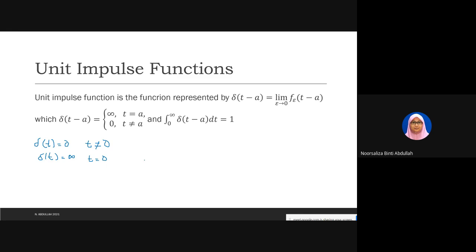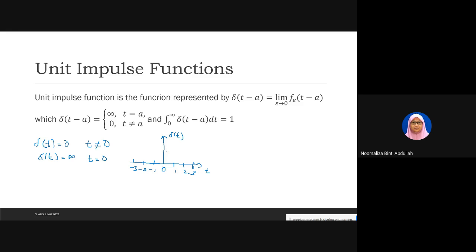So you will get something like this, at 0 on the t axis. So this is delta t.